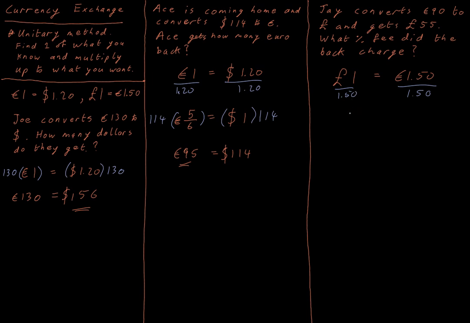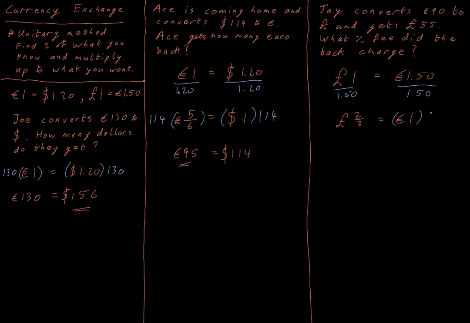And when I do that division, I am going to get another fraction. I'm going to get 2/3. So 2/3 of a pound gets me €1, or put more usefully, €1 gets me 2/3 of a pound. So I now know what €1 is in pounds. So now I can find out how much €90 is in pounds.